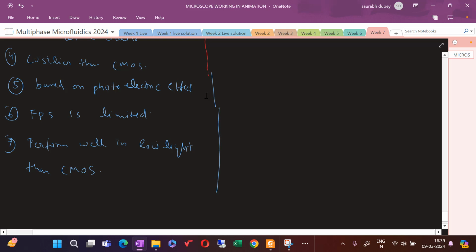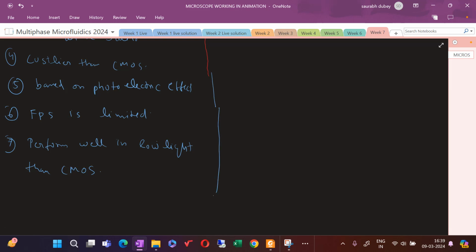This is one thing, and another one that we will be talking about now. Also, one thing we can say is that special manufacturing techniques need to be used, so they are costlier than the CMOS one, where the metal oxide layer is there.